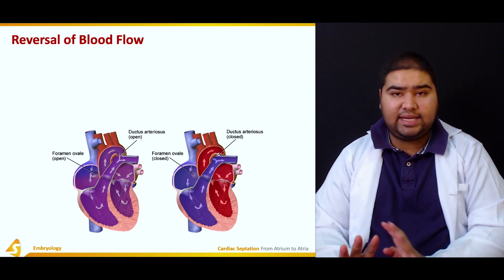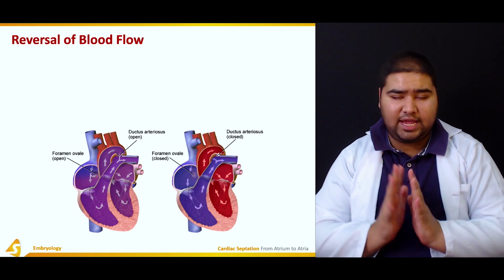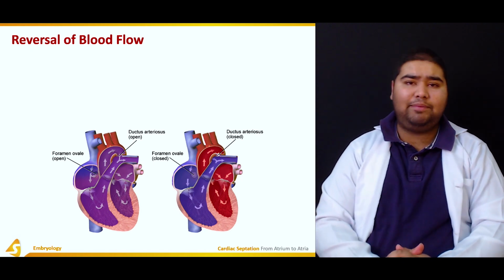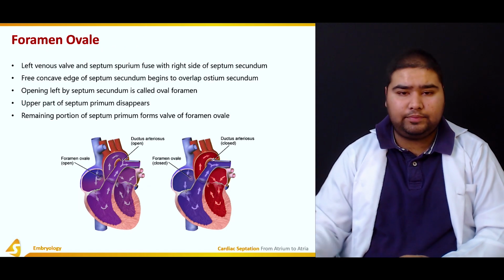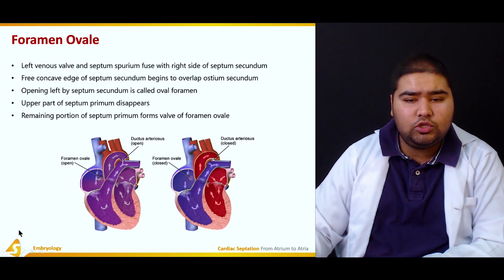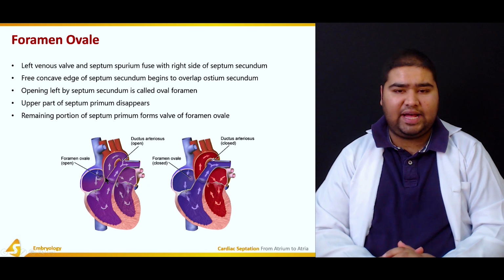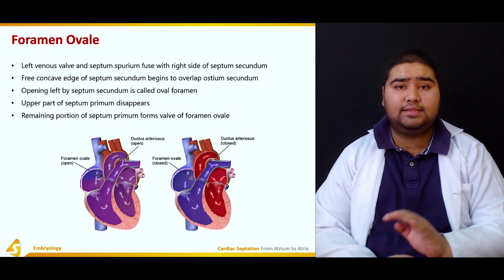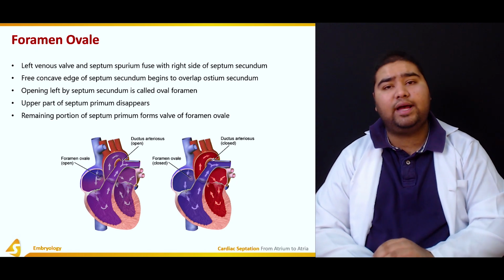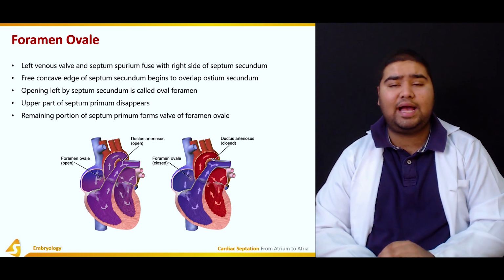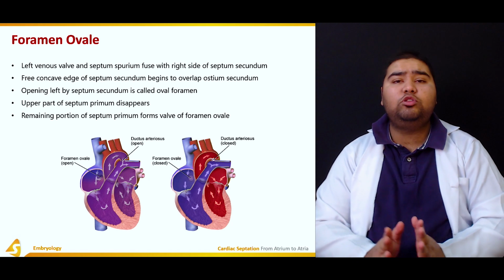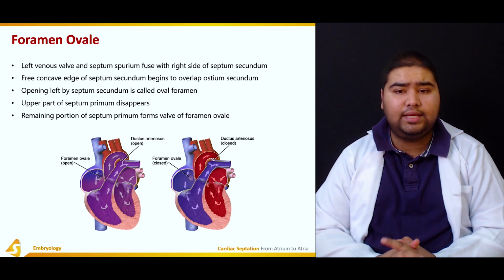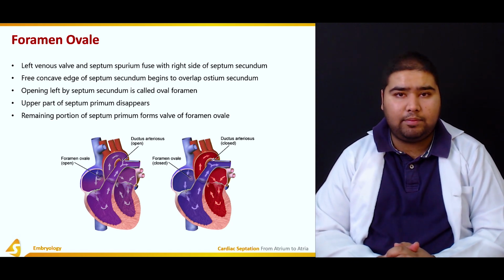So before getting into the reversal, I'll recap it one more time. The left venous valve of the right horn of the sinus venosus and the septum spurium, both of them are fusing with the septum secundum.